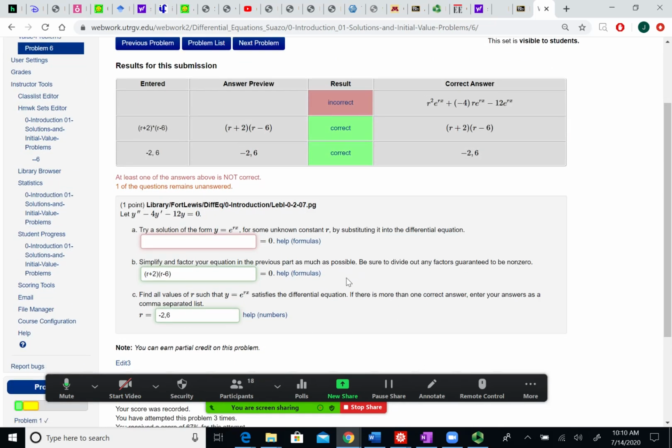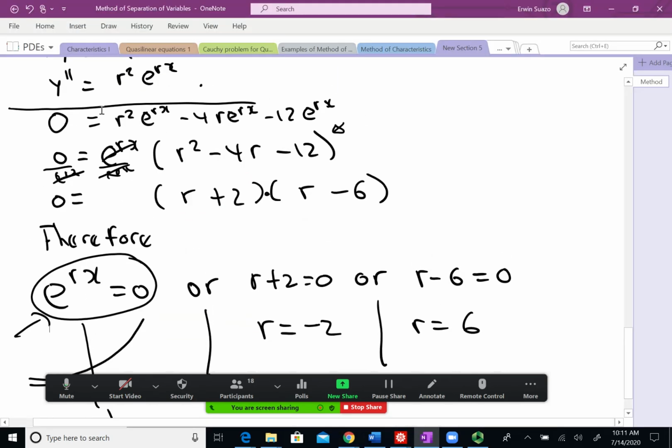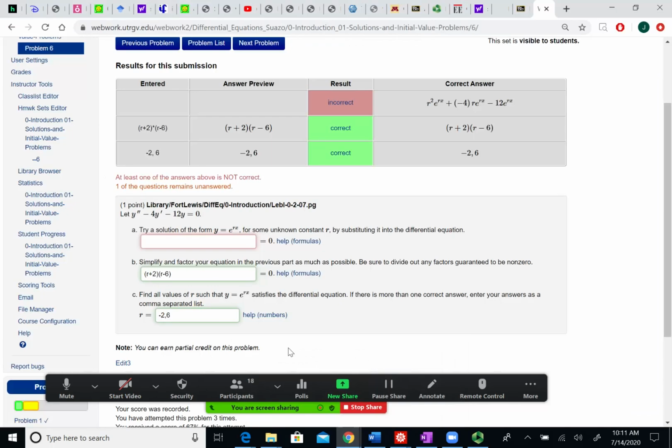So they want you to first plug in the whole thing. The first part is r squared e to the rx minus 4r e to the rx minus 12 e to the rx, and that's what they're showing over here. Then they want you to factor e to the rx and divide by e to the rx to simplify, to get the quadratic formula, basically.